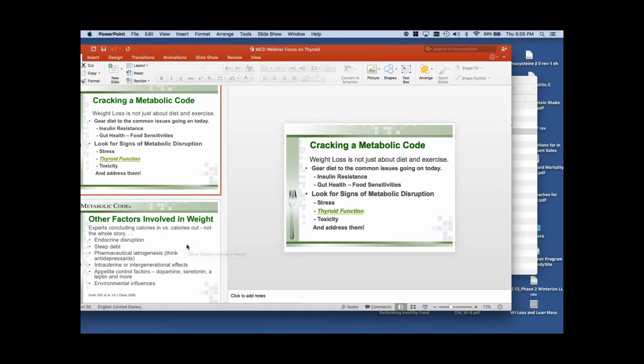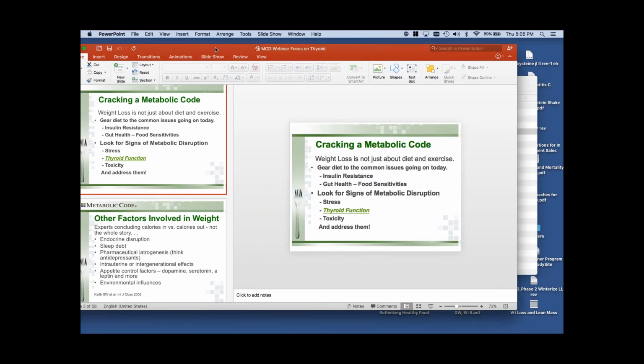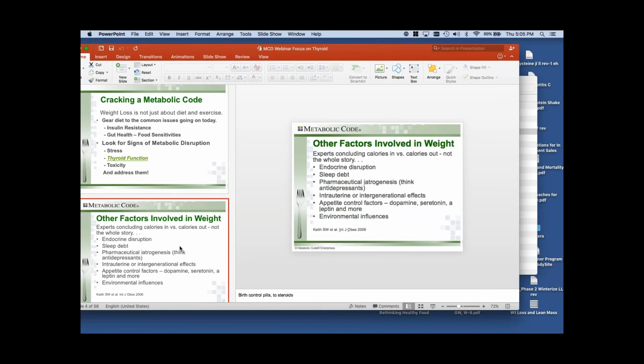So it's one of the big areas that we look at, and we try to help practitioners realize ways to help people optimize thyroid function when they have thyroid symptoms. And we've taken this approach to health for years.